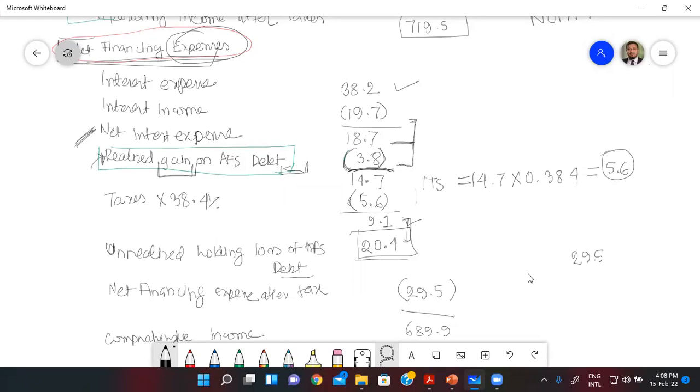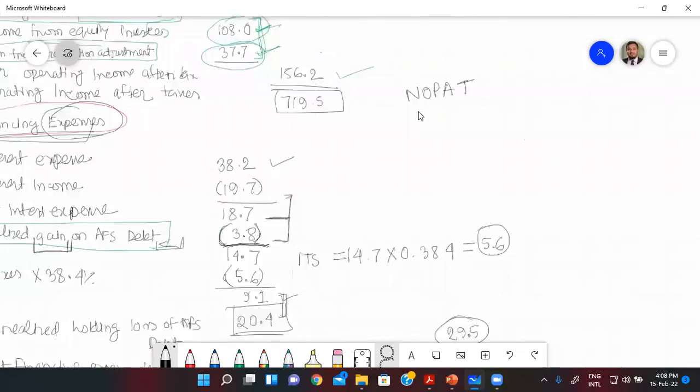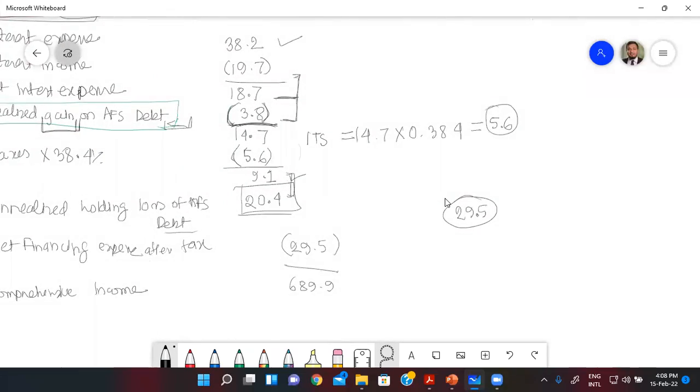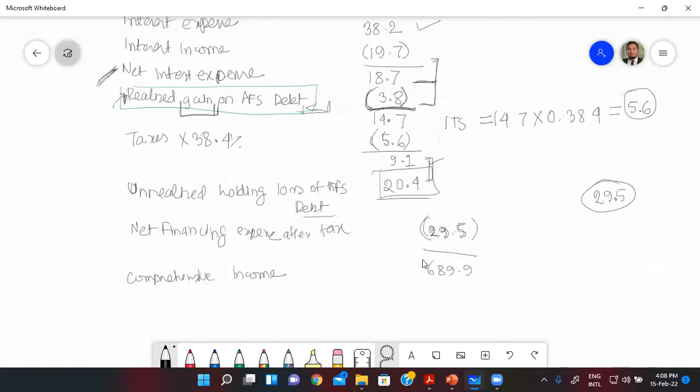Now the question is, it is an expense amount in total. So this amount in final should be a negative amount. That's why I have written here a negative amount, 29.5, as the net financing expenses after tax.